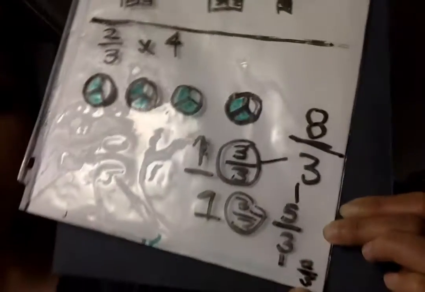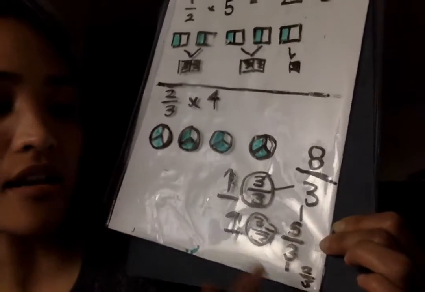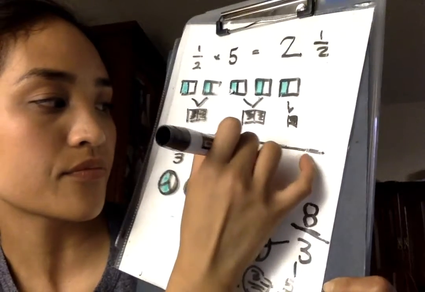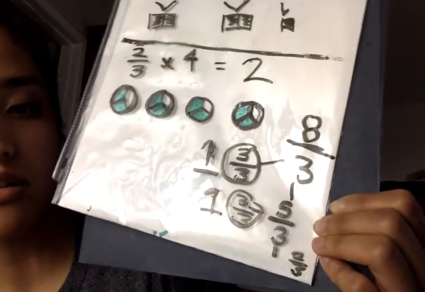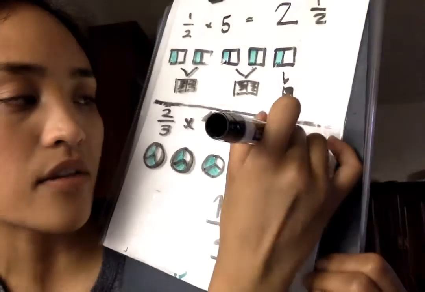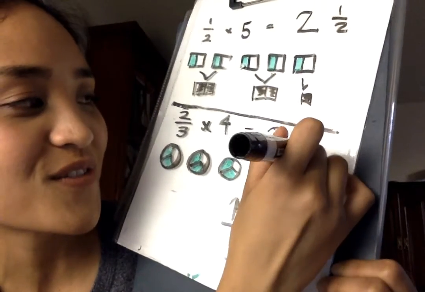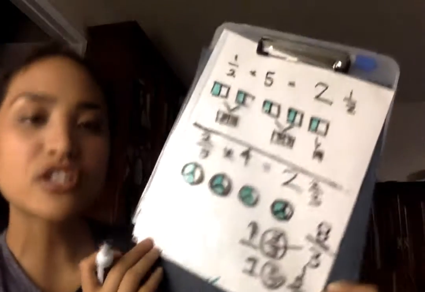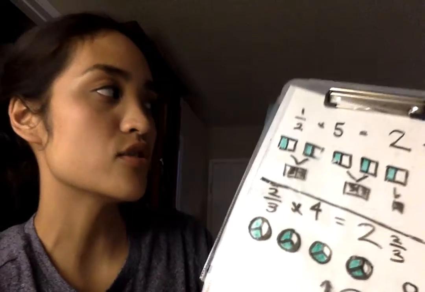Now I don't need to decompose anymore, and I can count up my wholes: 1, 2, and 2/3 right there. Sorry, that was drawn kind of poorly for you. Ta-da!